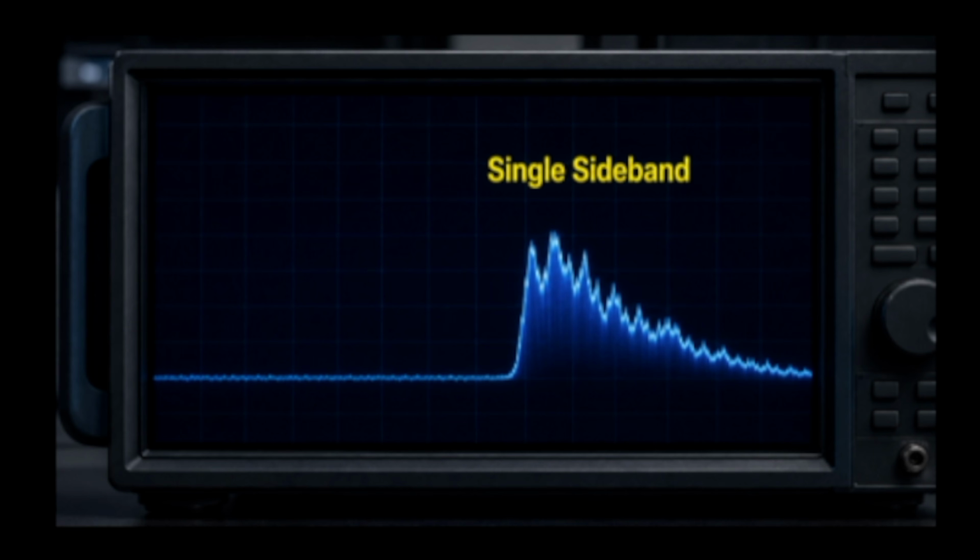The transmitter's power is concentrated into a single sideband instead of being divided among the carrier and two sidebands. This is exactly what amateur radio uses today.